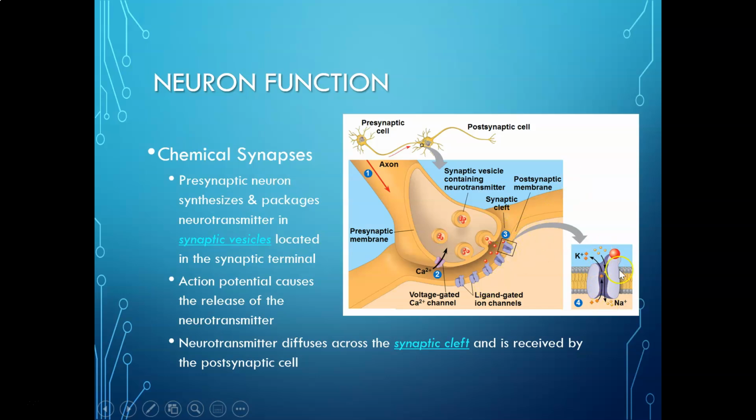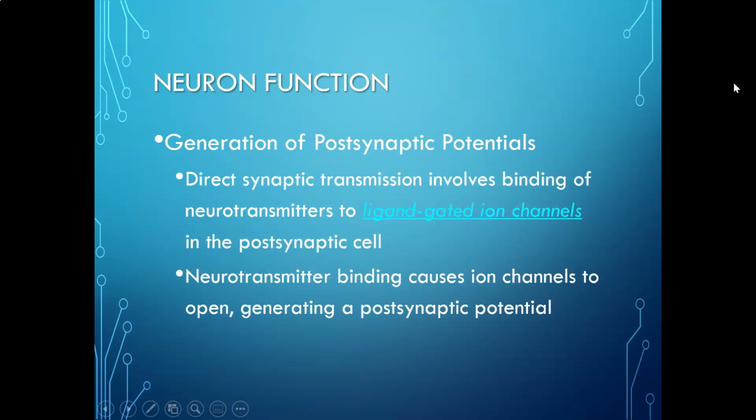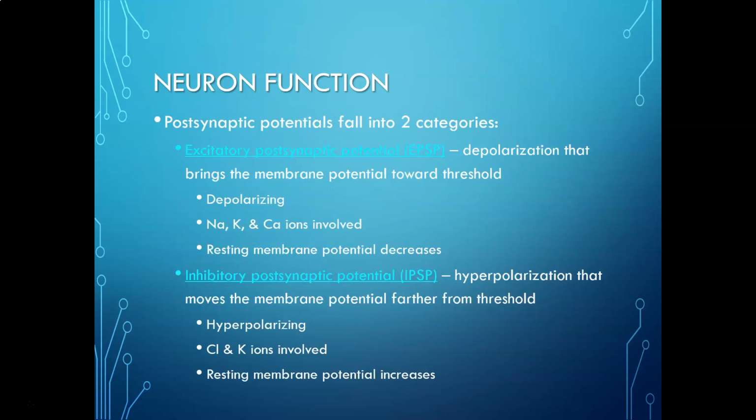It's moving sodium and potassium. There's a receptor here for a ligand, and in this case, it's specifically the neurotransmitter that's working here. Those neurotransmitters cause ion channels to open and have the potential to set up another potential change in that postsynaptic cell, specifically if we're talking about neuron to neuron information.